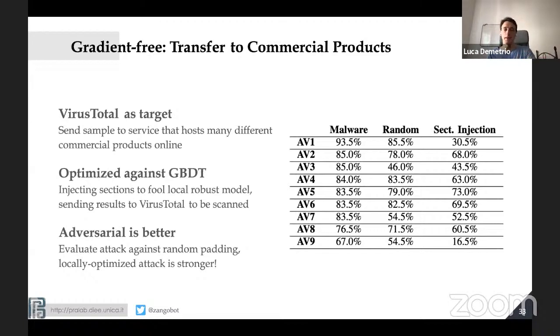But the point is that among these, there are products that actually use deep learning technologies for detecting malware. And as you can see, the first column is the original detection rate, which is kind of high on our simple data set, like 100. We tested this with like 200 malwares just to see what happens. But then we were kind of shocked because already the random attack was kind of effective.